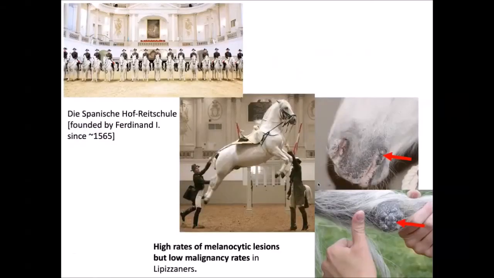And of course, there's also a Viennese connection there. We have known for many decades about our Spanische Hofreitschule, the Spanish Court Riding Academy, that the horses they are using, the Lipizzanas, actually have a very high rate of developing skin cancer, like you can see here.